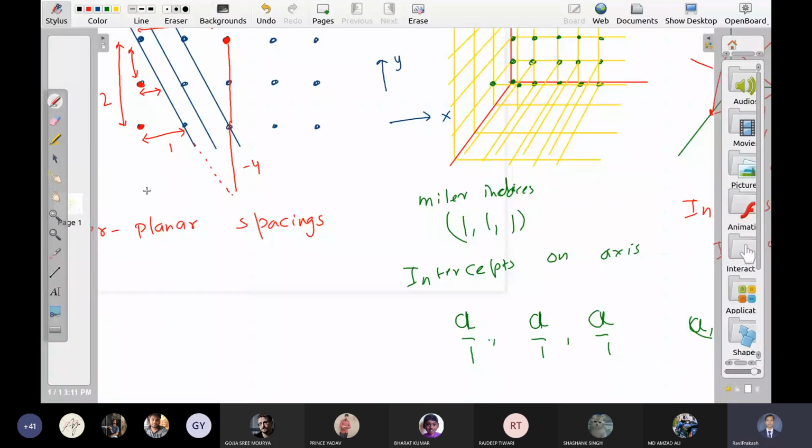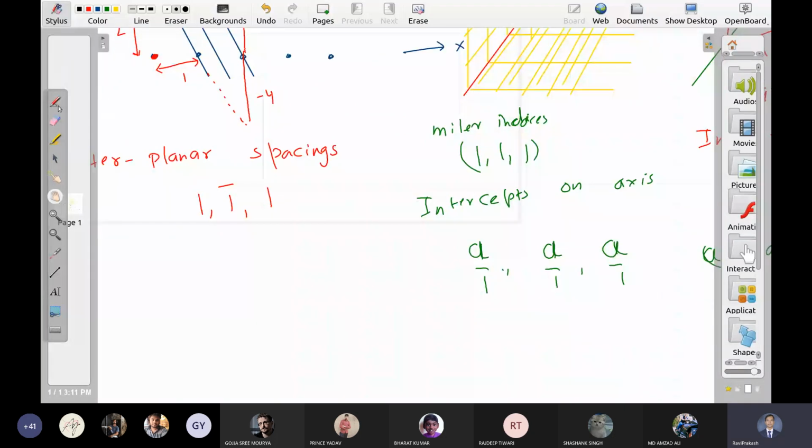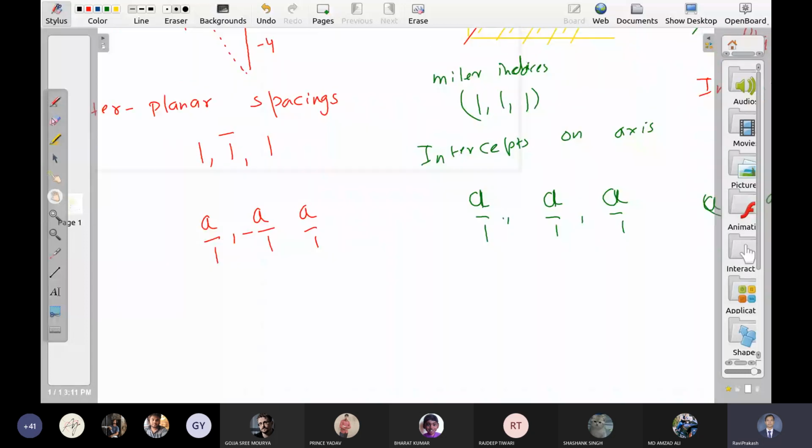It means the intercepts on axis are a upon 1. A upon 1 bar means minus a upon 1. So what are the intercepts on axis? A, minus a. What is this plane? ये कैसा plane है? Something like this.